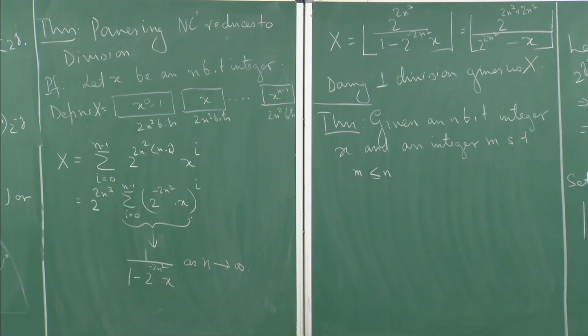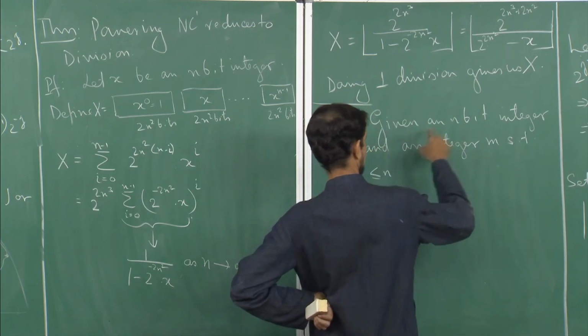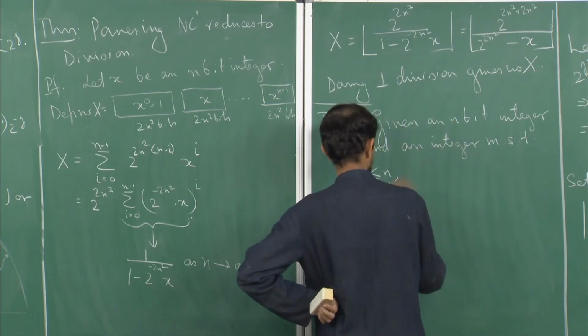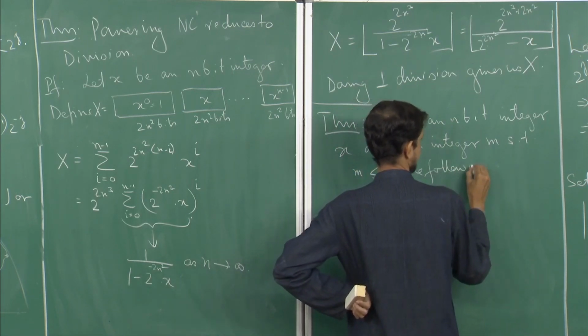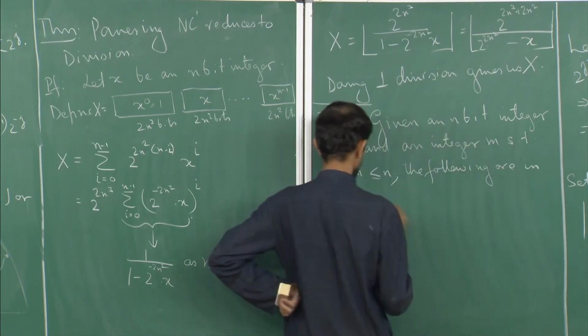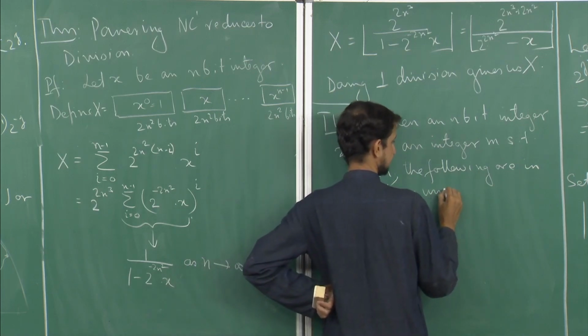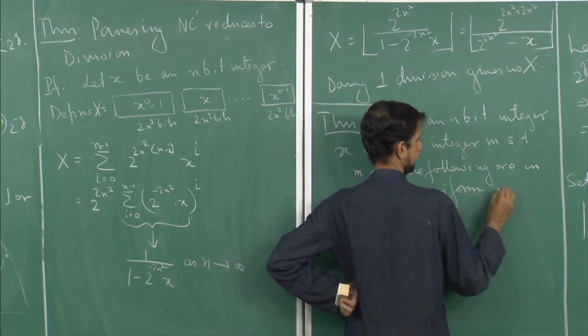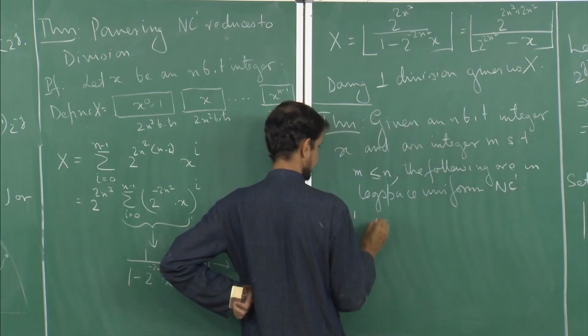That is what I have, right? Even then, the following are in log space uniform NC1. What are they?